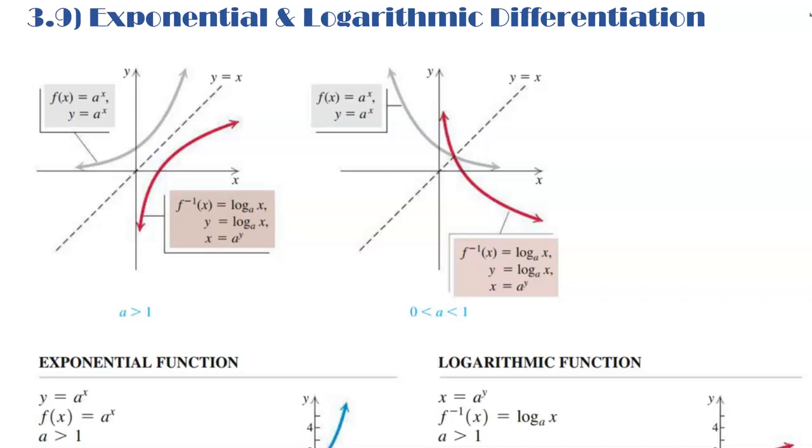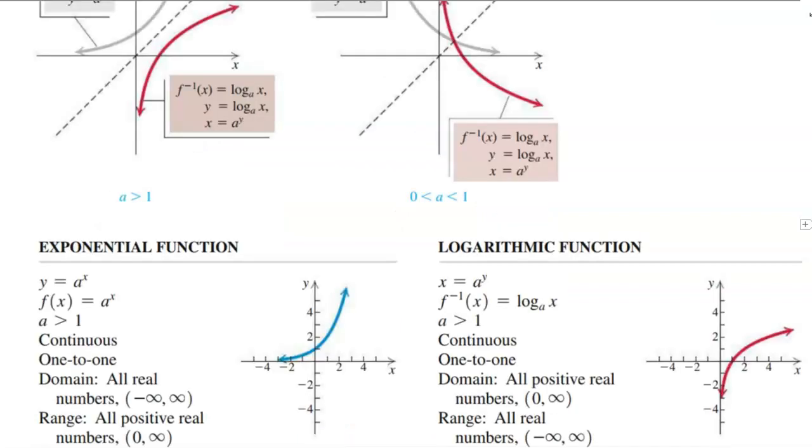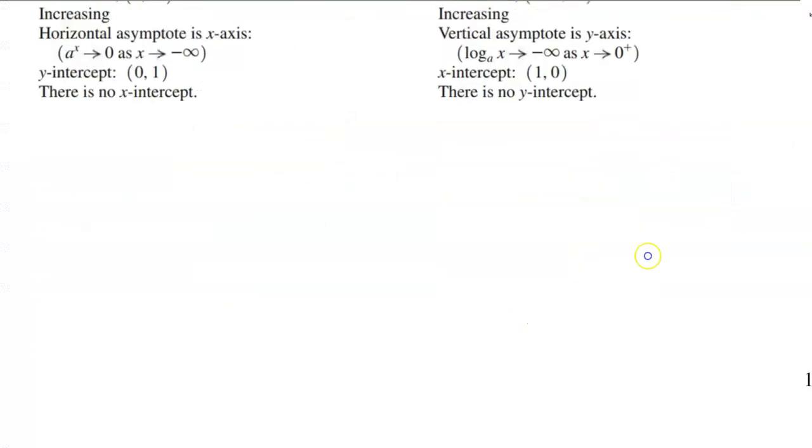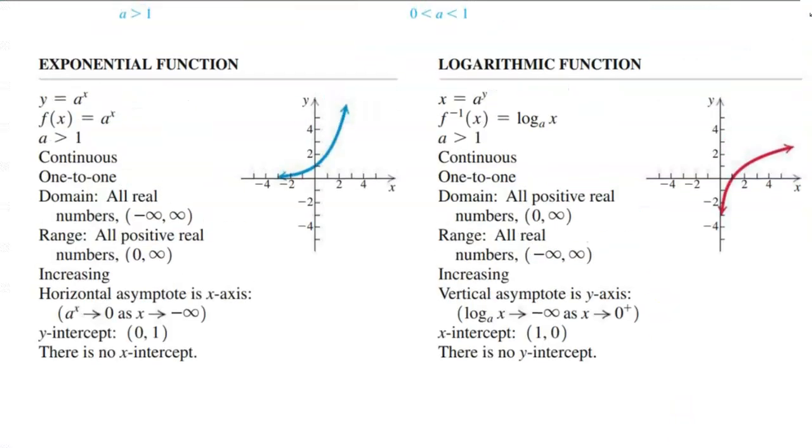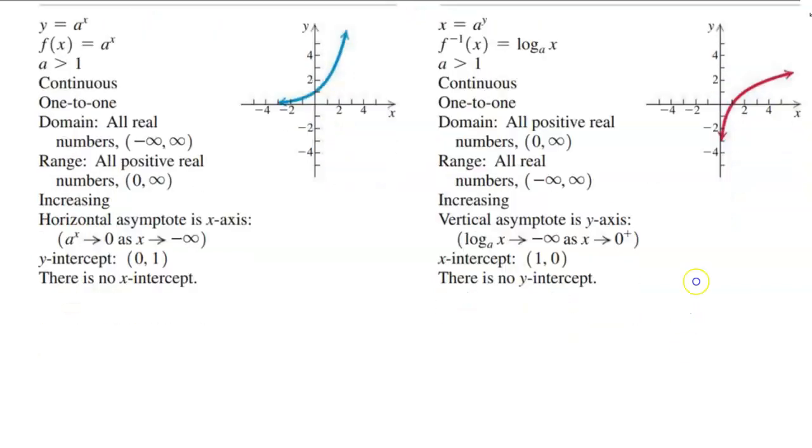So a lot of the properties between exponentials and logarithms are direct inverses of each other, which is how we start with our differentiation methods. And you can look at these properties as you wish to remind yourself of things.